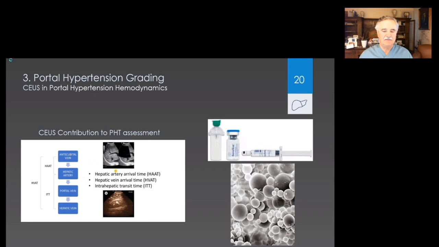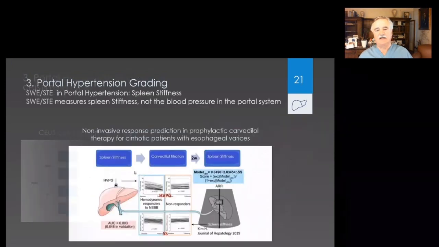Because it is only an intravascular contrast agent, following the different arrival times, hepatic artery arrival time, hepatic vein arrival time, and intrahepatic transit time that it can calculate, we may have more arguments for grading portal hypertension.